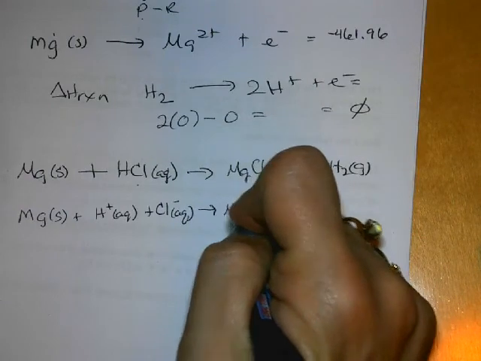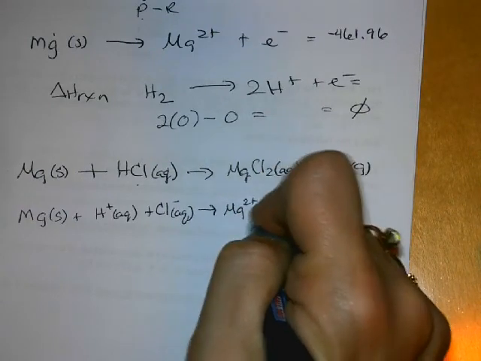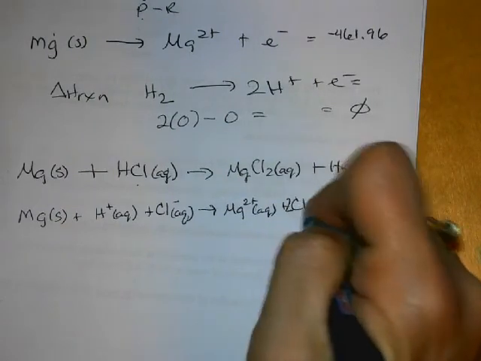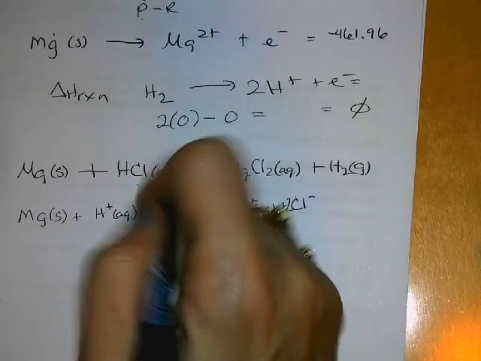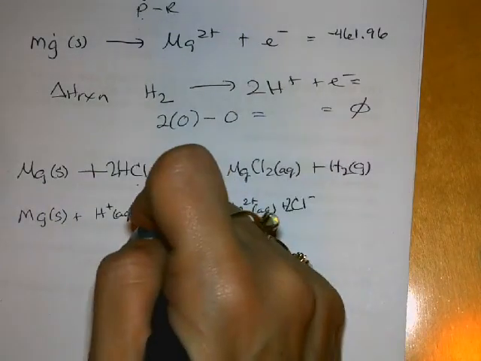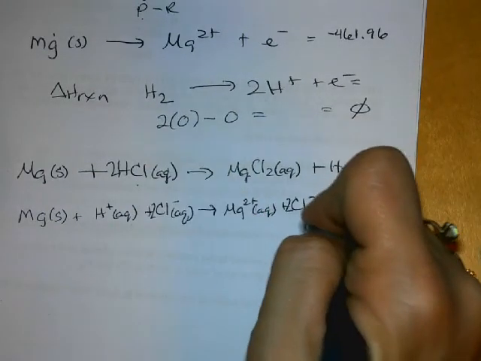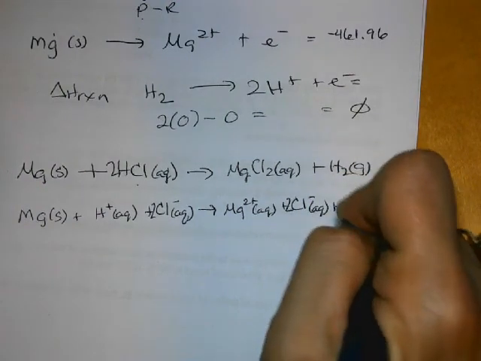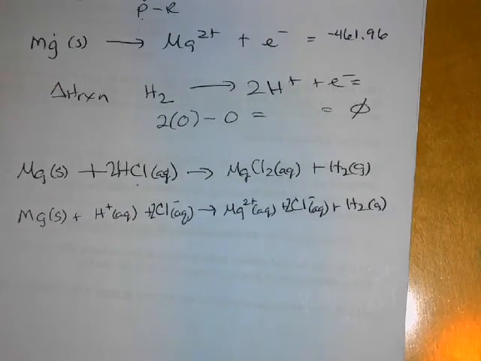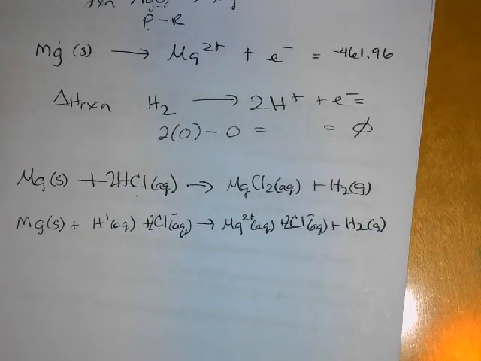And we have Mg2 plus aqueous plus 2 Cl minus. Should be a 2 here. We didn't even balance it. What's wrong with your teacher? Here we go. And there should be 2 Cl minus aqueous plus H2 gas.